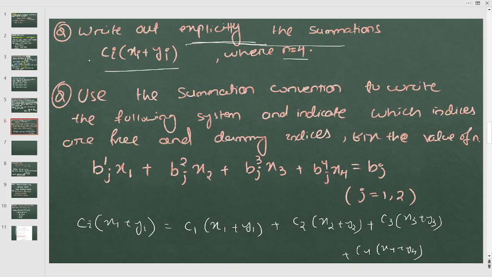The second one is: use the summation convention to write the following system and indicate which indices are free and dummy indices. Fix the value of j. In this example you are given an expression like this.